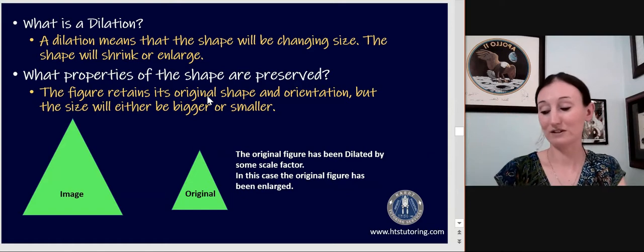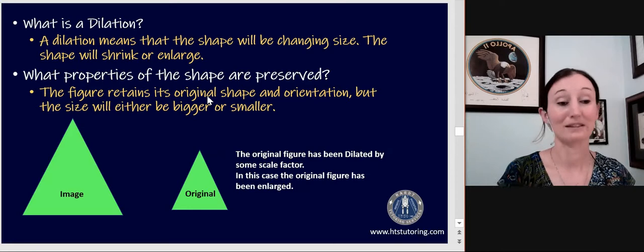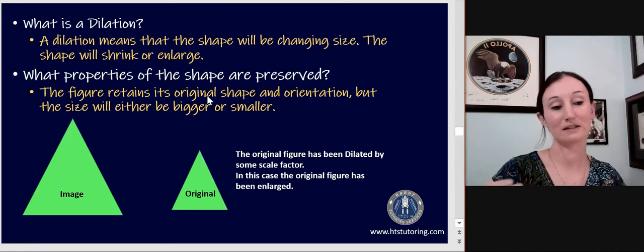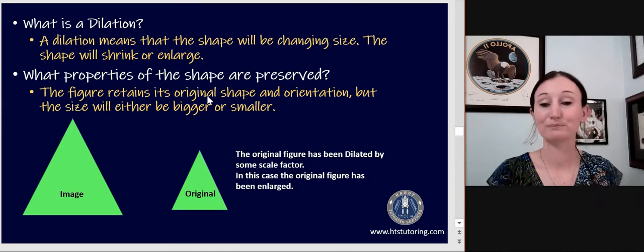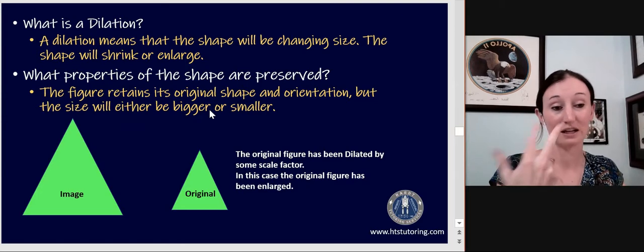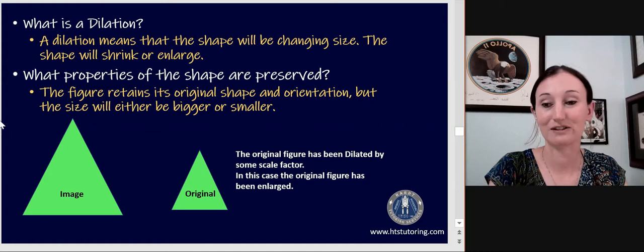He's not physically changing size. He's made of plastic, that's not possible, but as he's getting closer to the camera or further away, he looks like he's getting bigger or smaller. That's all a dilation is, bigger or smaller. And again, he kept his original shape, his original orientation, he just changed size from the viewpoint of the camera. He didn't actually change size.